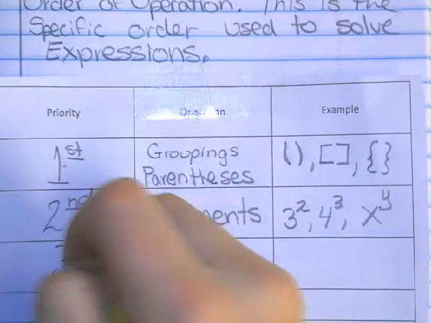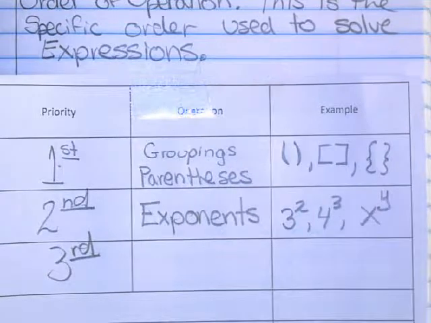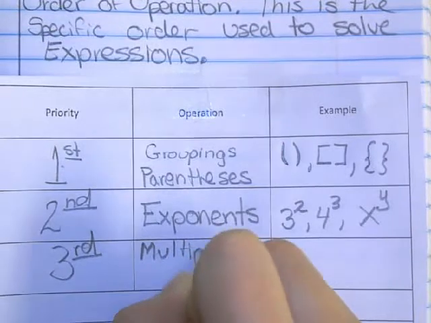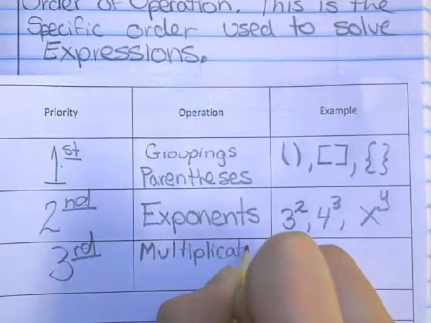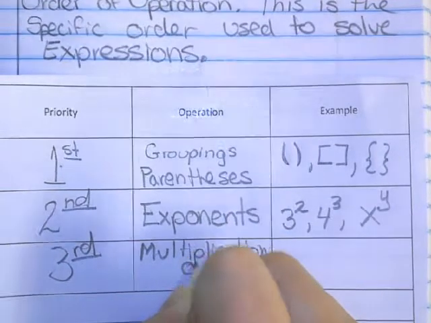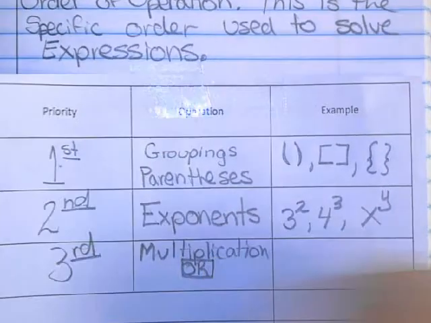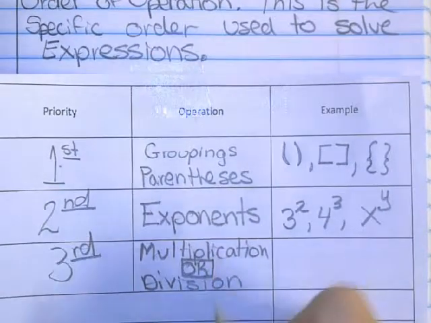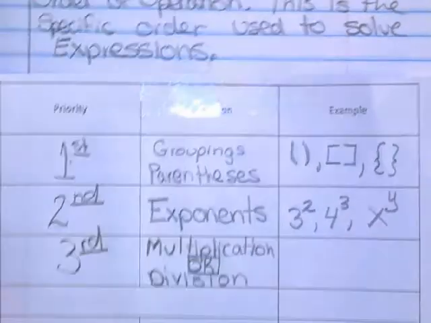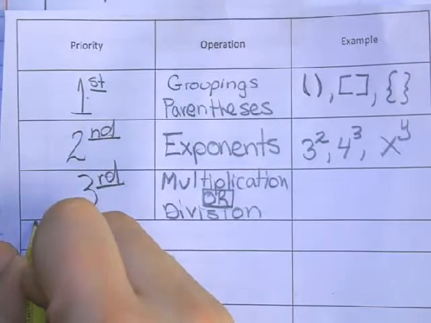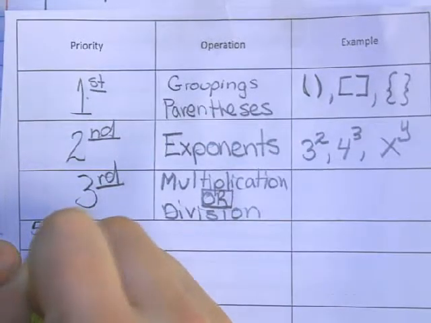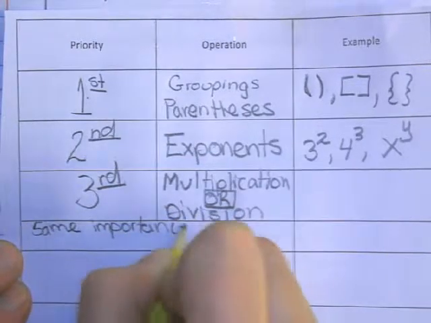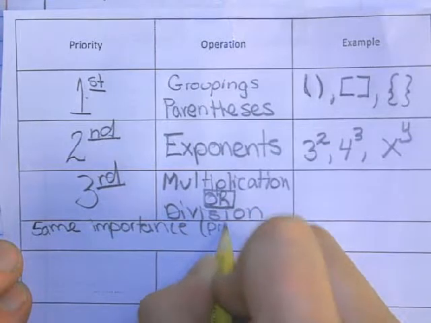Our third priority is multiplication or division. I say or in there because of this next thing we're going to write down. They are the same importance or priority.